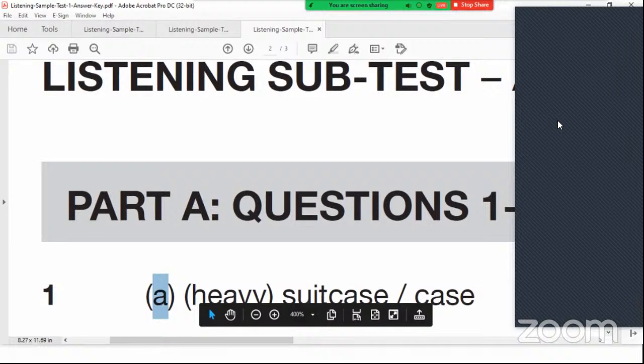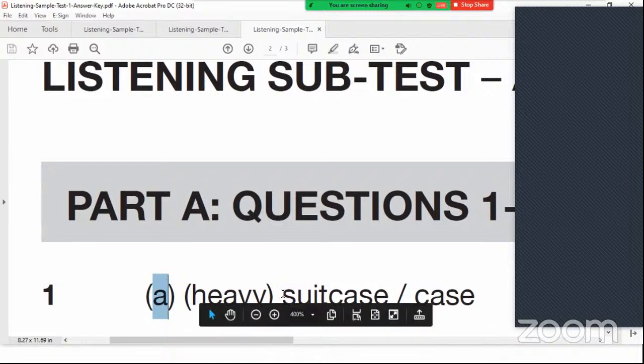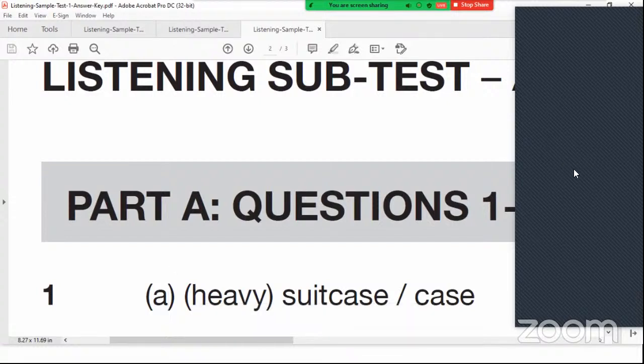Usha, answer is right. Musa, answer is right. Prashanti. If I say answer is right, then only you put a tick mark. Otherwise, no way. A heavy suitcase, right. Rajalakshmi, right. Diana, right. Jyoti, right. Anisha, right. Reena, right.